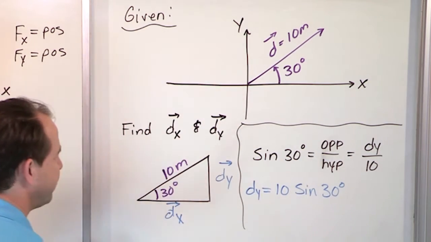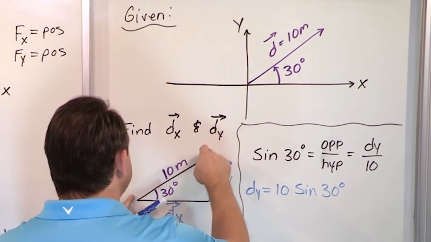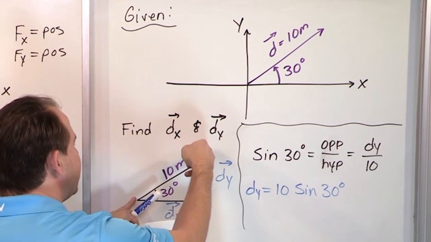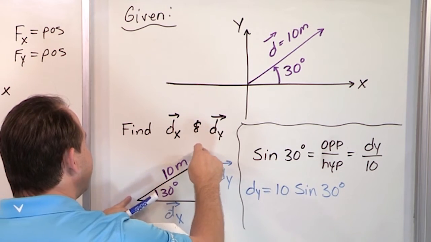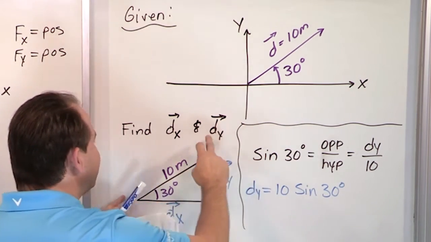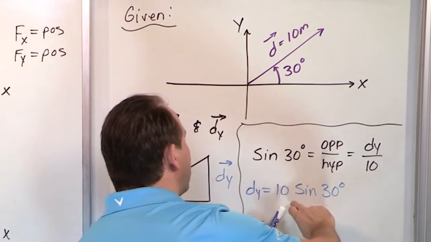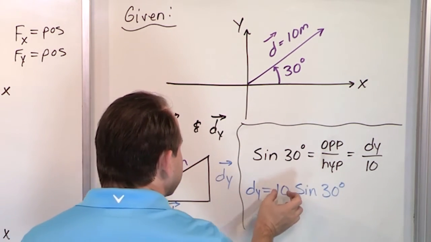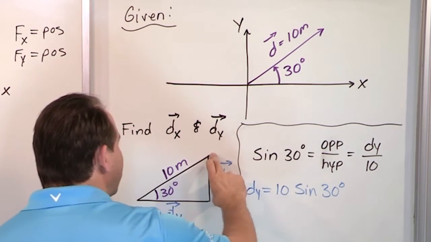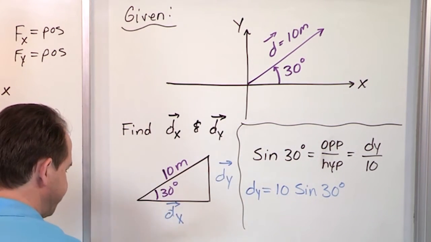I talked about that in my trig review. You're taking the full length of the hypotenuse, 10, and multiplying by sine of 30. You're seeing how much of it exists in the y direction. You're chopping the hypotenuse to see how much of it is in the y direction. That's what the sine actually does: it cuts it down to something less than 10, which is this dimension here.